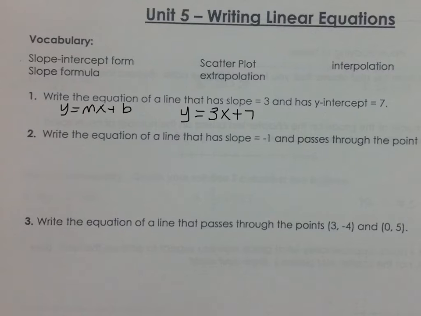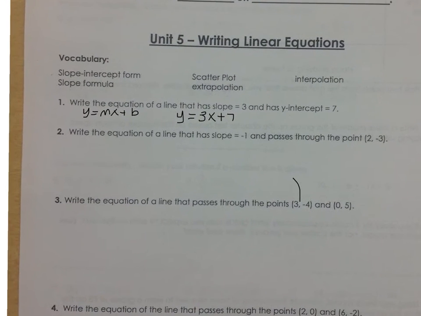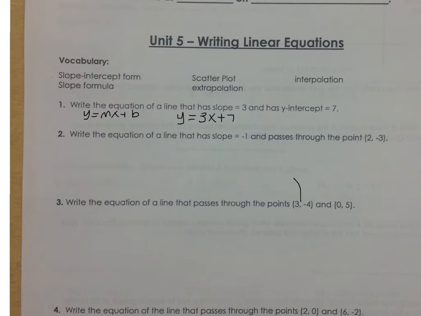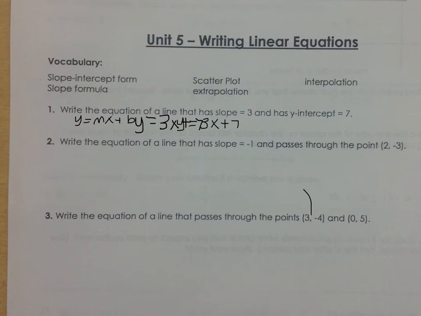Number 2, write the equation of a line that has a slope of -1 and passes through points 2 and -3. So to do this one, this is my m here, my -1, this is my x, and this is my y.